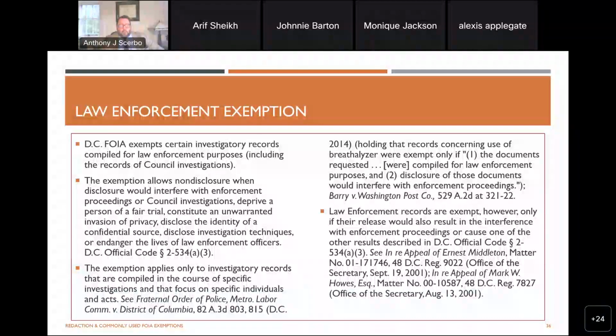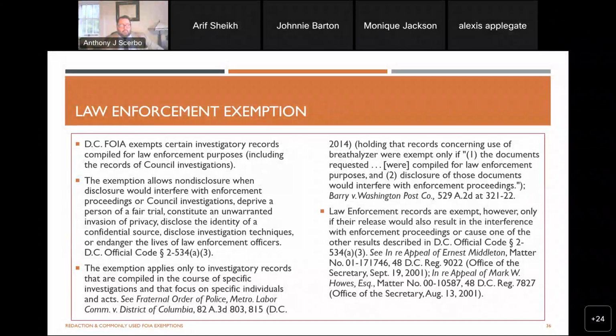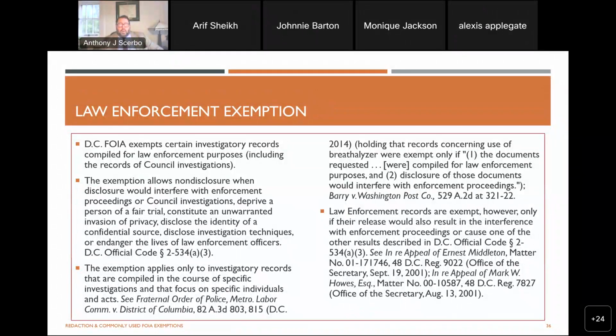The exemption applies only to investigatory records compiled in the course of specific investigations and that focus on specific individuals and acts. Here, this was about records concerning the use of a breathalyzer. They were exempt only if the documents requested were compiled for law enforcement purposes, and disclosing those would interfere with enforcement proceedings.